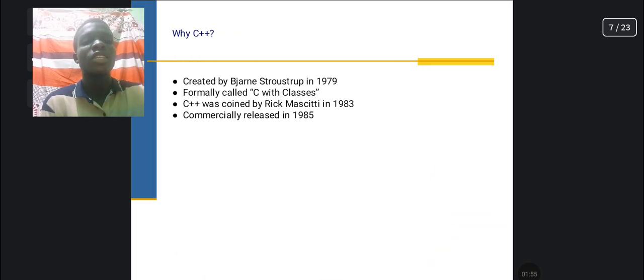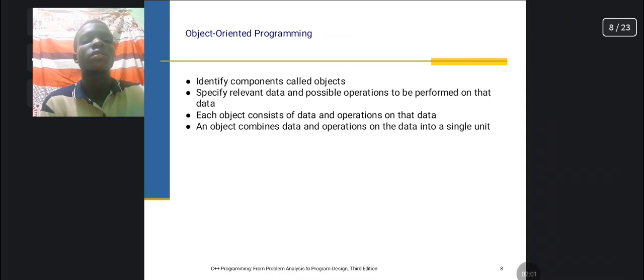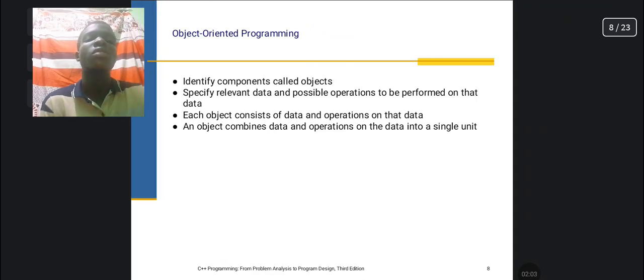So why C++? As I said earlier, it was created by Bjarne Stroustrup in 1979. Now, object-oriented programming: we identify components called objects, then specify relevant data and possible operations to perform on that data. As I said earlier, an object combines data and operations on the data into a single unit.